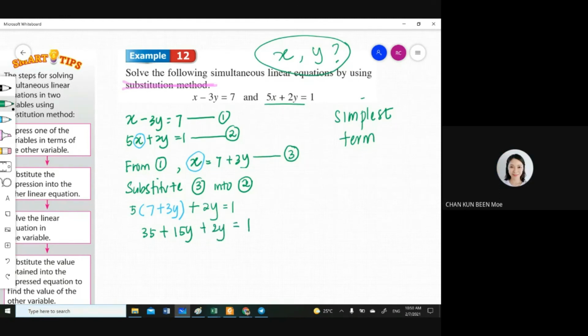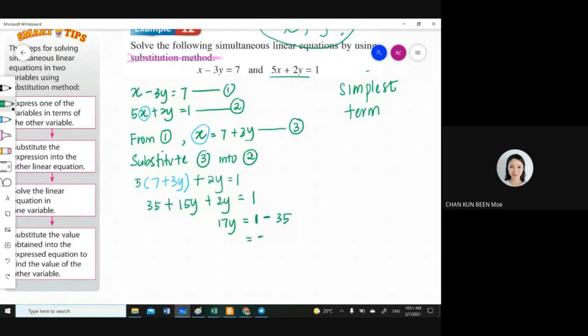Then we group the like terms together and send the number to the right. So the terms that we have are 15y plus 2y. How much is 15y plus 2y? 17y, right? Equal to the one I copied down first. So I need to bring this to the right. Positive 35, I send it to the right, becomes negative 35. So 1 minus 35 is negative 34. Correct.